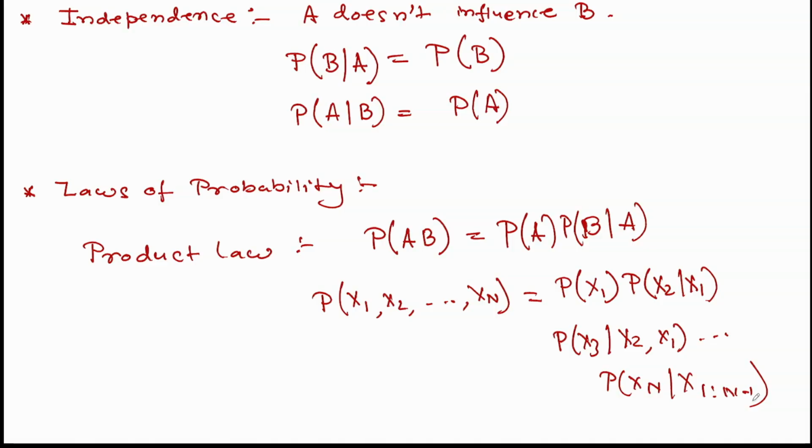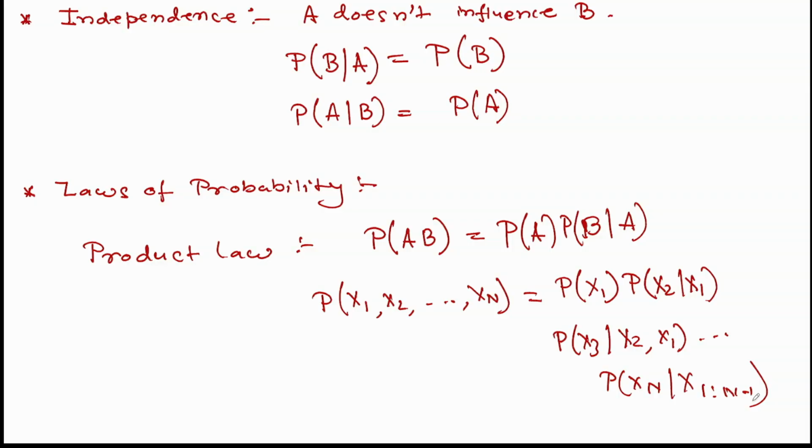So it only depends on the previous one, and the others become conditionally independent. This expression is very important throughout this course, but also in machine learning, for example. This is the product law.